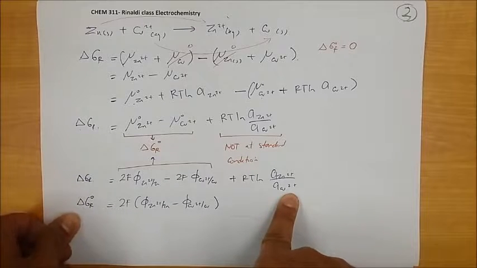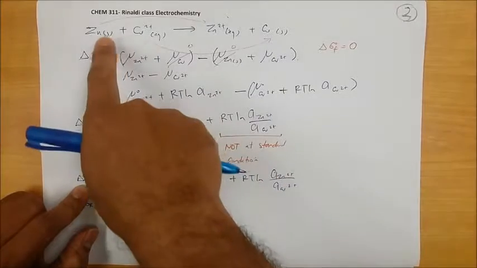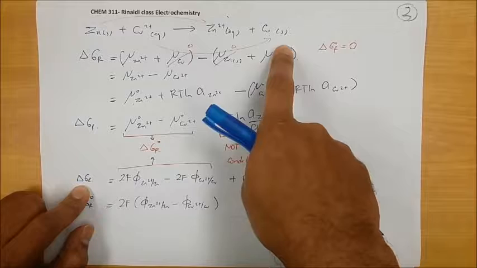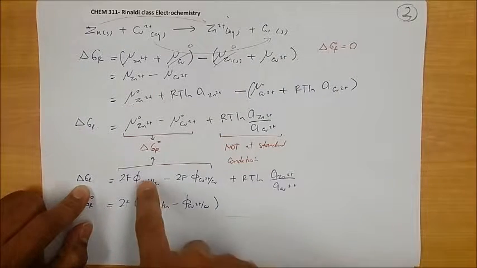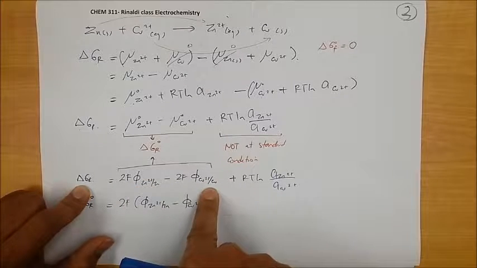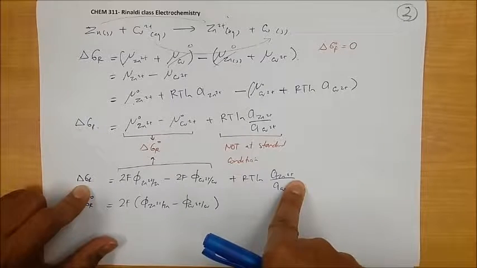So this means that the free energy that you can take, or that you will get, by allowing this reaction to proceed to the right is a function of the electric potential between zinc 2+ and copper 2+, and the ratio of their ion activities, right?